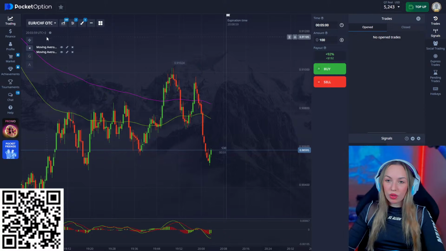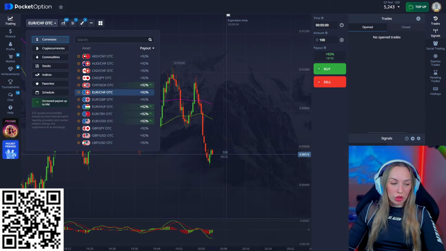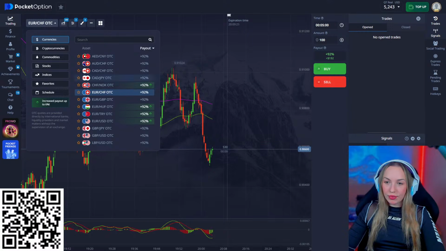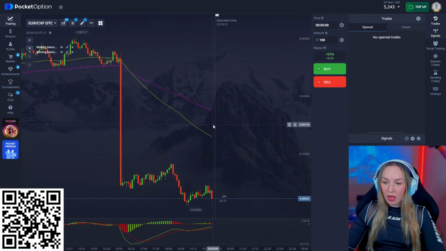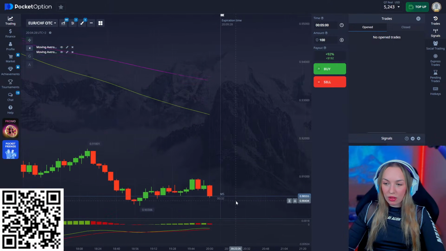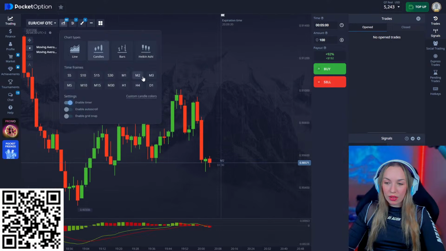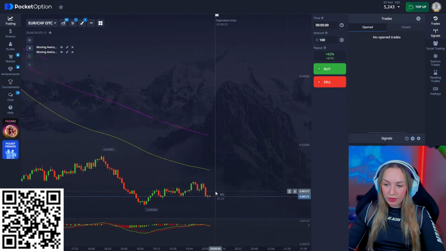I see that on Euro CHF is forming the signal to open the trade in the upwards direction. Just a sec. I'll fix something. Okay, let's go. So I see the signal. Now I'm going to 5 minutes time frame. And to tell the truth, here I don't see clearly where the support and resistance are.